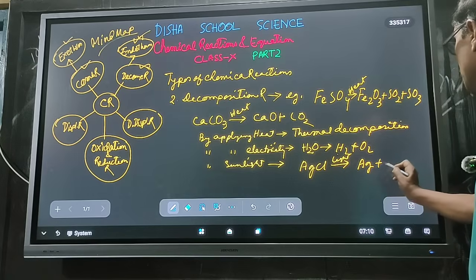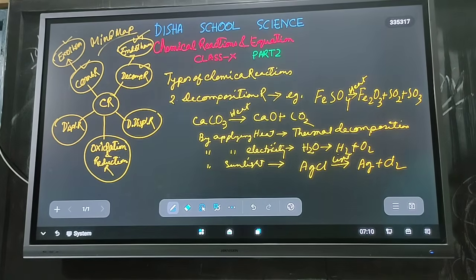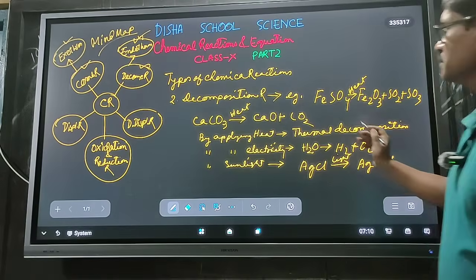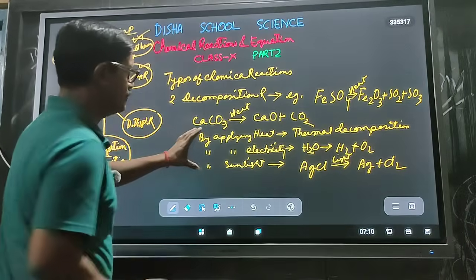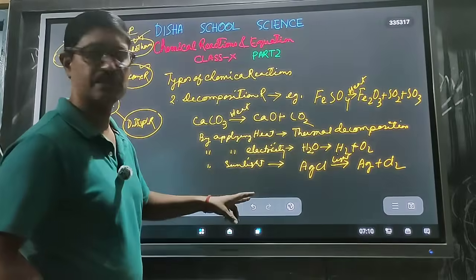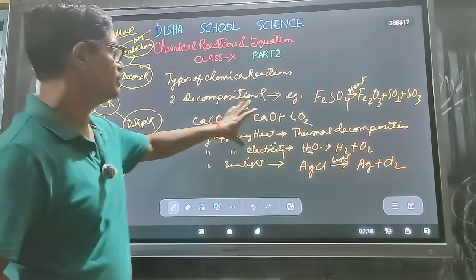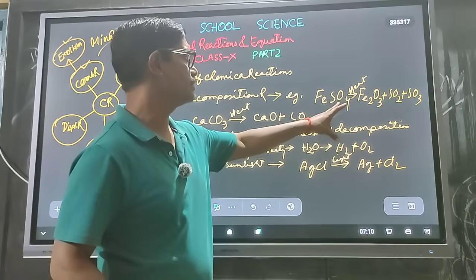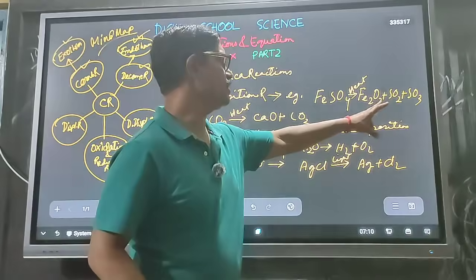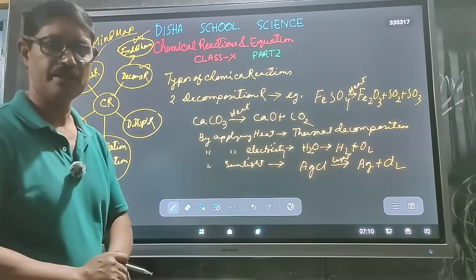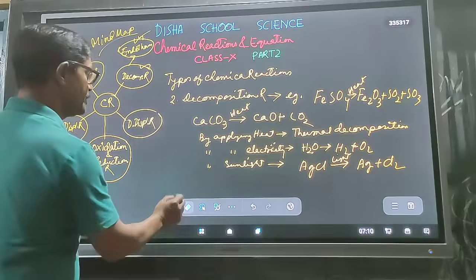It gives silver and chlorine. So decomposition occurs by applying heat, electricity, or sunlight. Are you clear? That means in case of decomposition, a single reactant splits into 2 or 3 products.